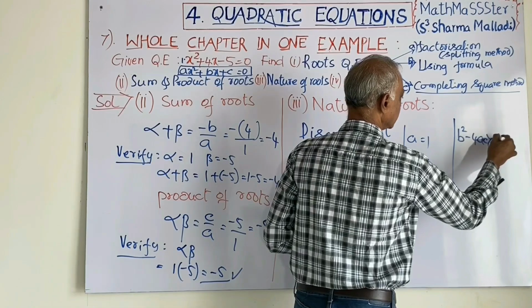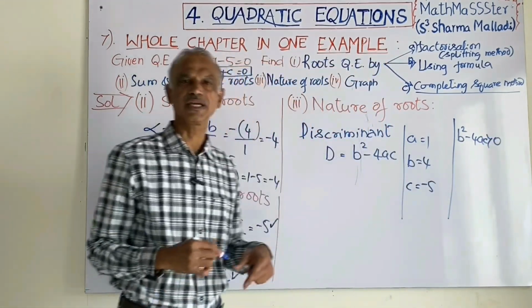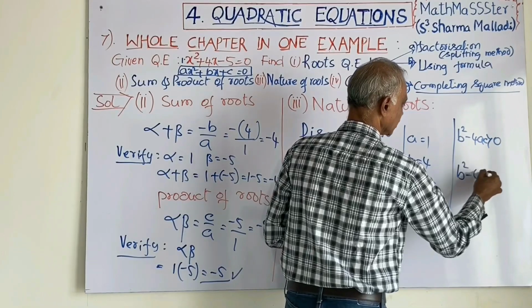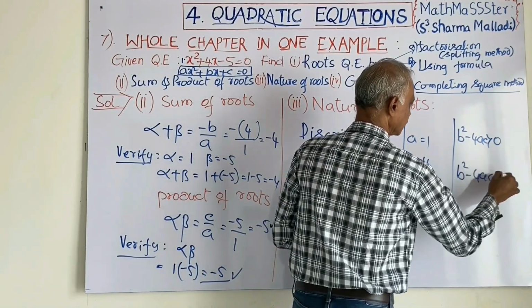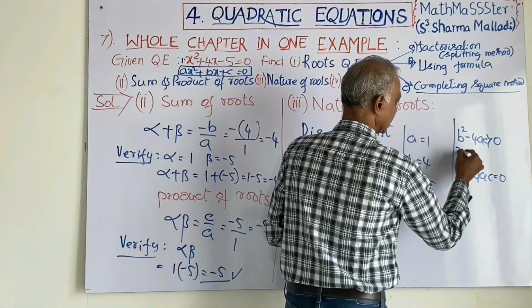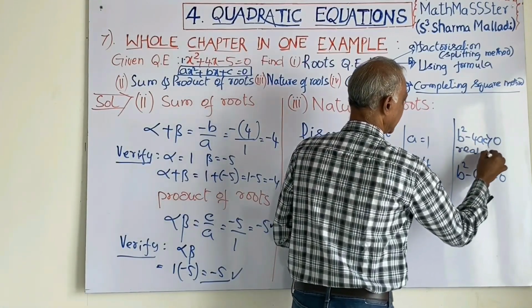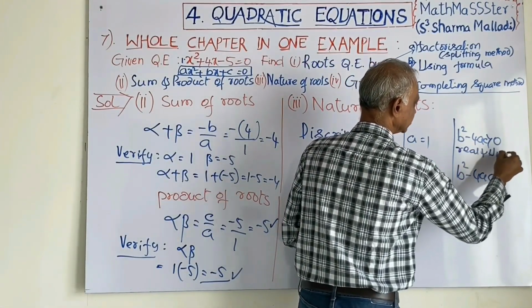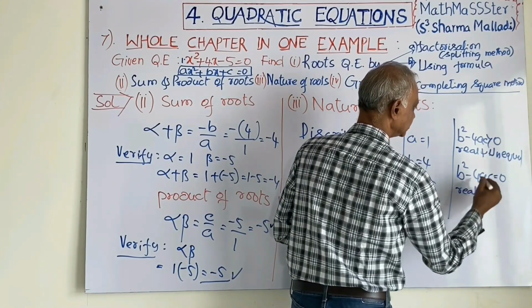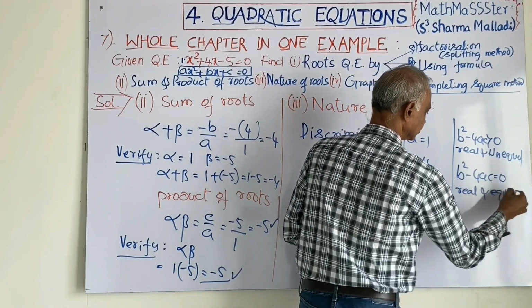If b square minus 4ac is greater than 0, then roots are real and unequal. If b square minus 4ac is equal to 0, roots are real and equal.